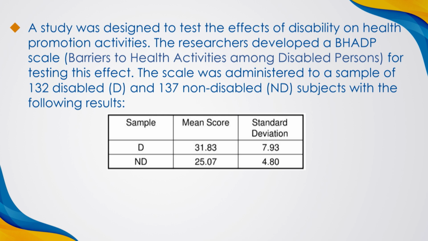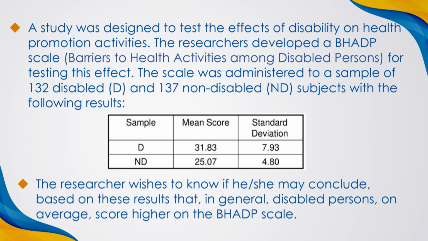The mean score of disabled persons is 31.83 and standard deviation is 7.93, and the mean score of the non-disabled persons is 25.07 and standard deviation is 4.80.